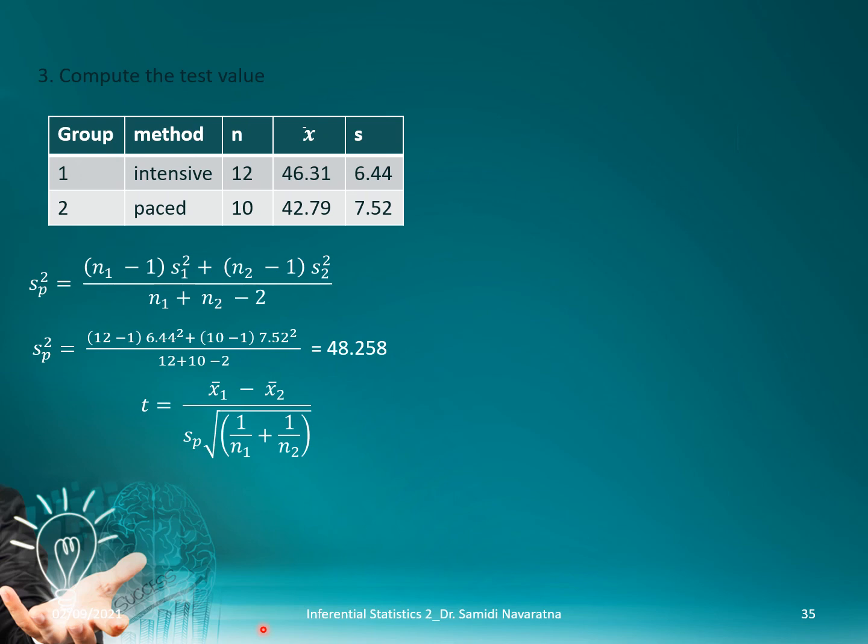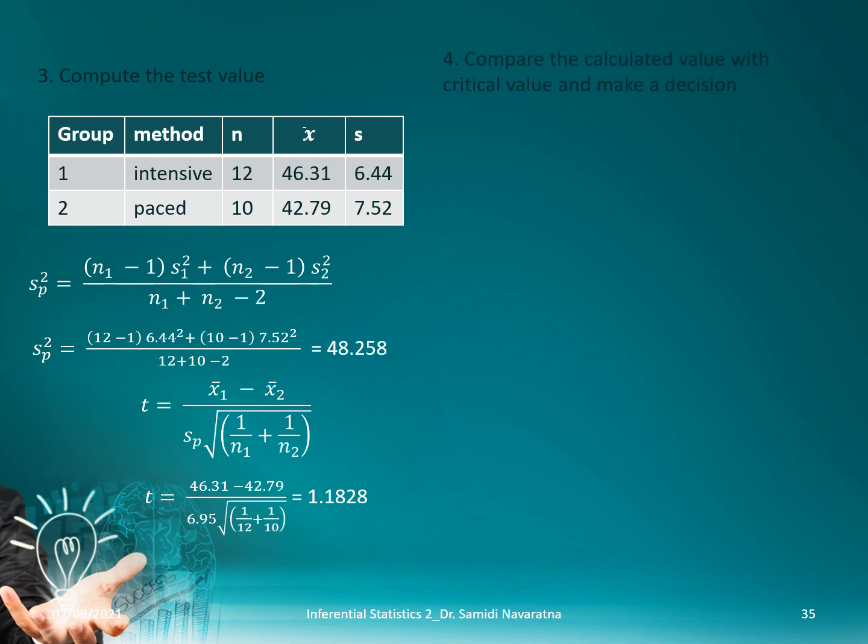The squared pooled standard deviation was 48.258, so the pooled standard deviation is 6.95, and you substitute all these values into the equation, and the calculated test value is 1.1828.